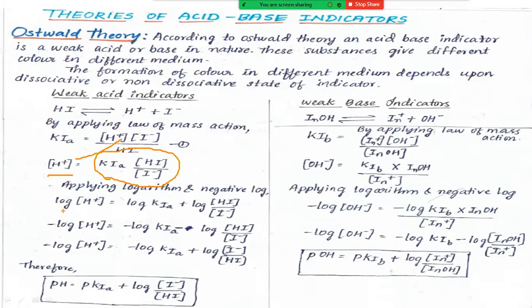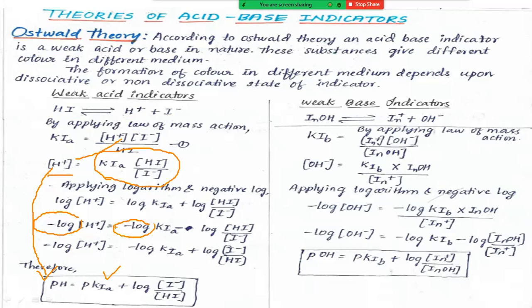But here we need the pH value. So what is pH? pH equals the negative logarithm of H plus ions. So we place the negative logarithm on both sides of the equation. Finally, we can get this value.